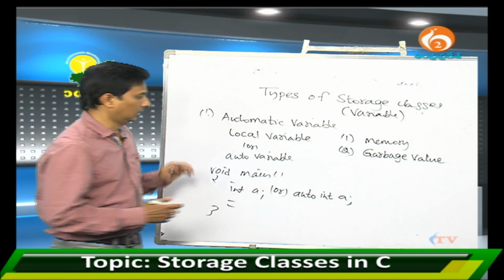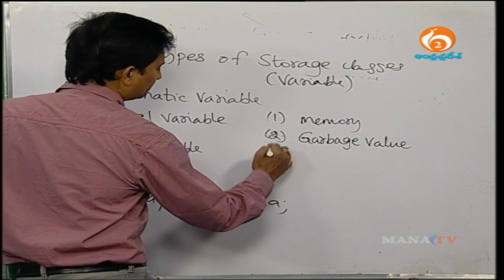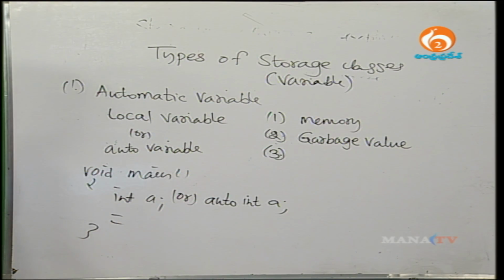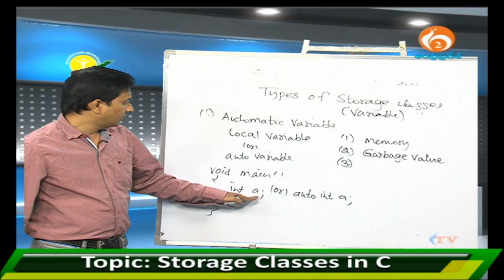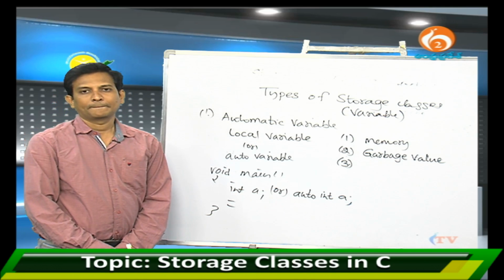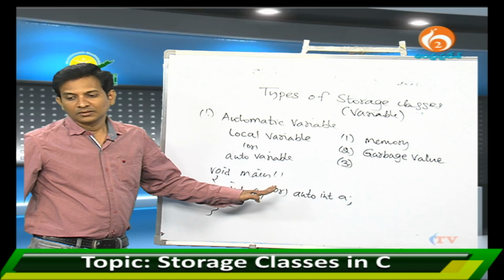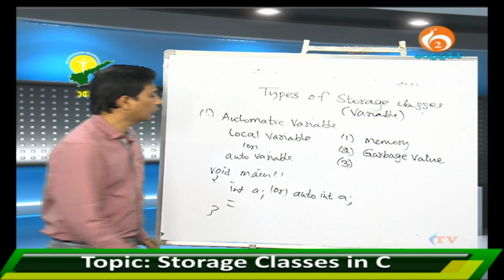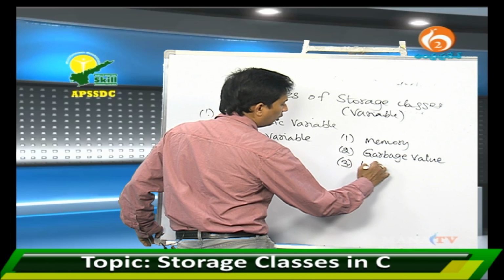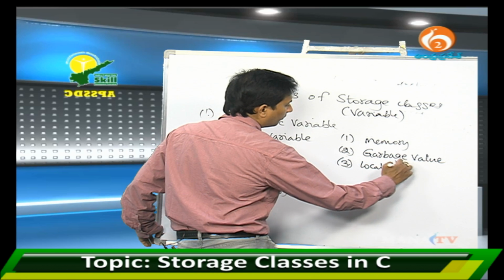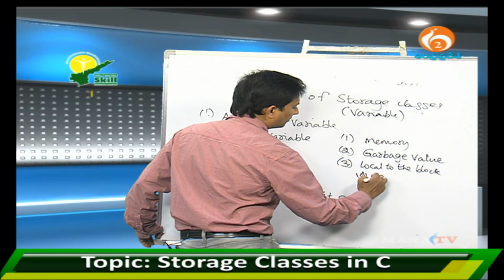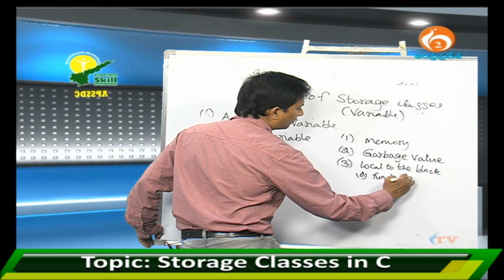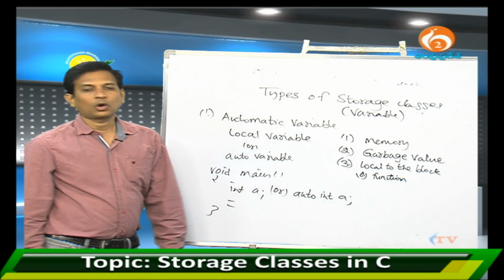Next, third point: what is the scope of this local variable? The scope of the local variable is that it is visible in this function only. It is local to the block or function.